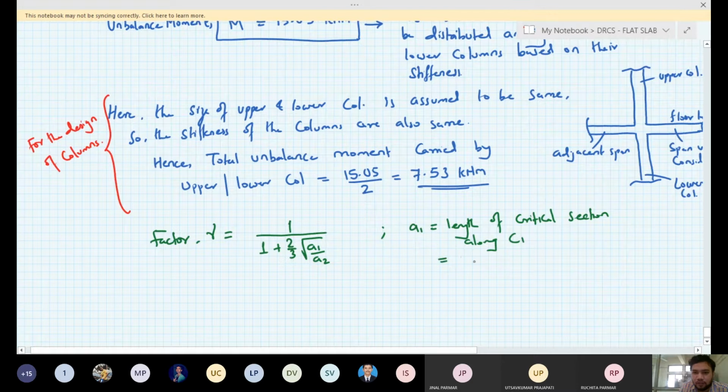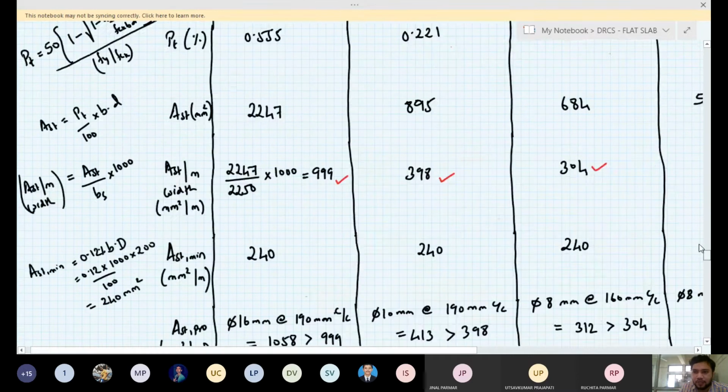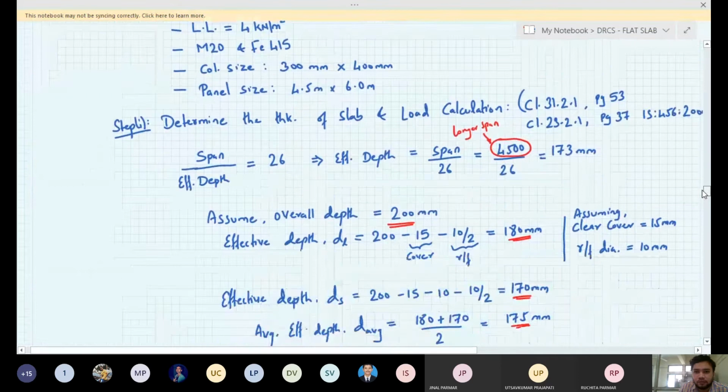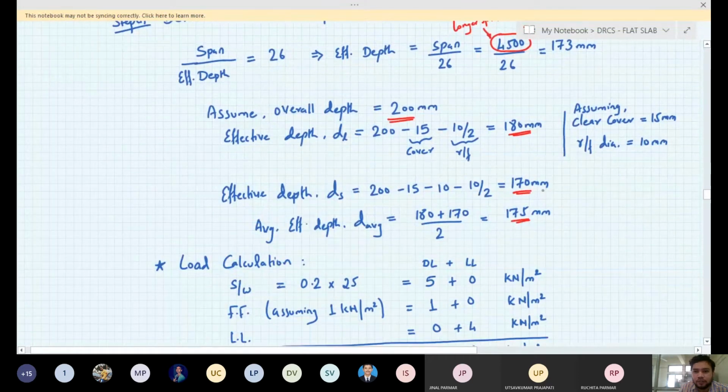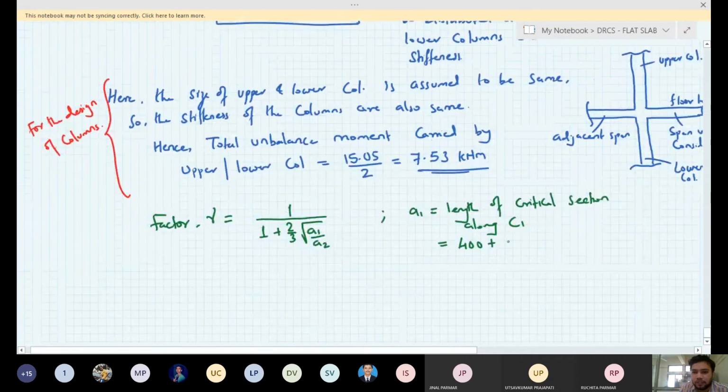So this value will be 400, and the effective depth is 170. So plus half of the 170 times 2. So 2 means on each side. So 2 into half d. So 2 gets cancelled. It will be 570.